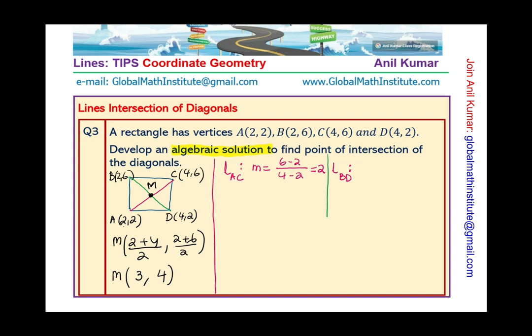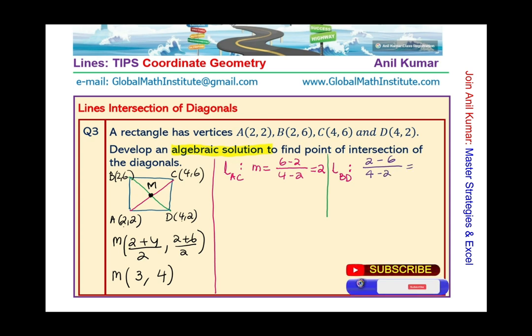Now for the other line B to D, it is going to be y2 minus y1 we are doing, right? 2 minus 6 over 4 minus 2, which will be minus 2. So we got a slope of 2 for the first line, which is rising, positive slope, negative 2 for the line which is falling. Perfect.